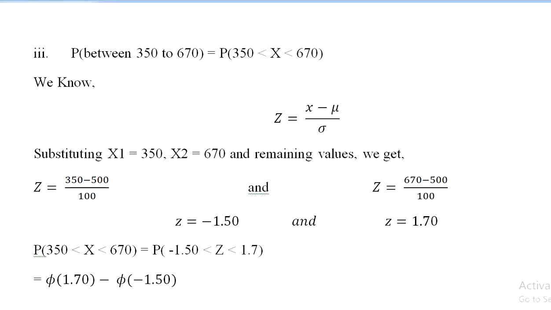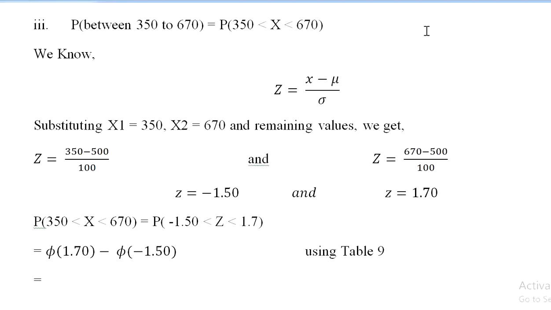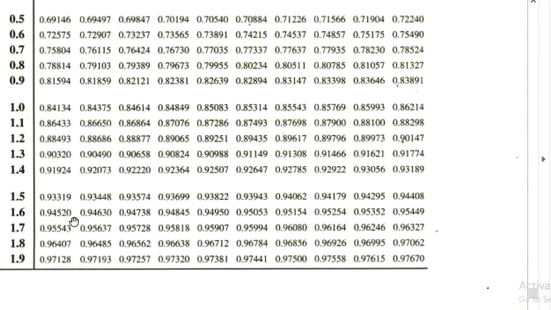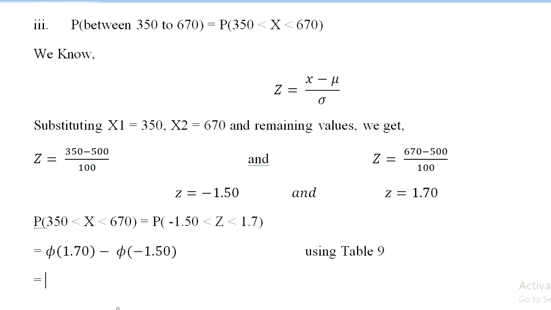Now again we will use table number 9 and we will check the value of phi's. पहले हम 1.7 की वैल्यू देखेंगे. 1.7 को 0 में. ओके 1.7 ऊपर है. 1.7 को जब 0 में देखा तो हमारे पास ये वैल्यू आएगी 0.95543 माइनस, अब हमने देखना है माइनस 1.5 को 0 में.